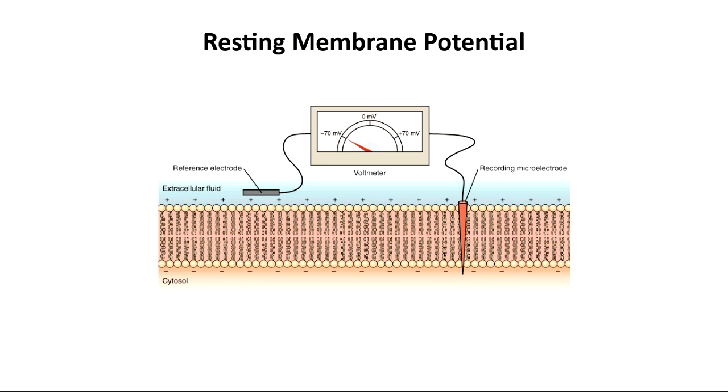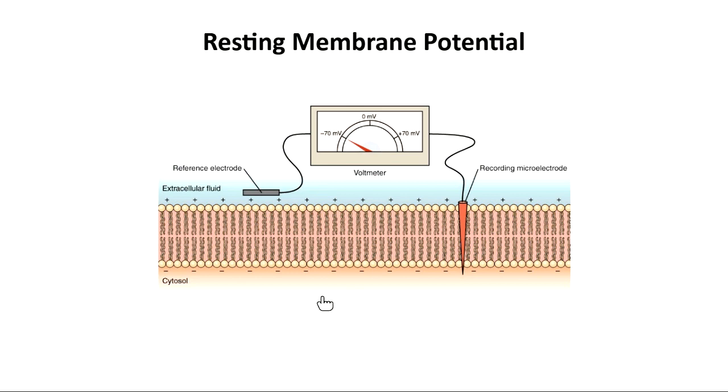When we talk about resting membrane potential, the normal charge on the membrane, when I say that it's -70, what that means is that inside I basically have 70 more negatives than I have on the outside. So I've got a whole lot more ions with a positive charge outside compared to my ions on the inside.